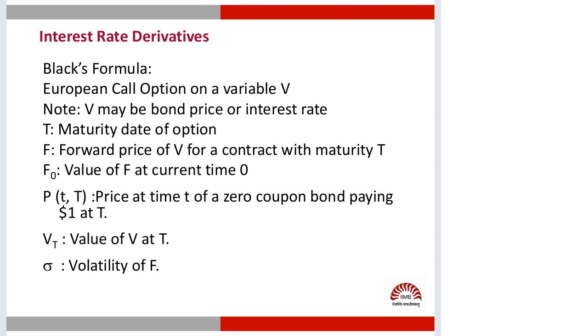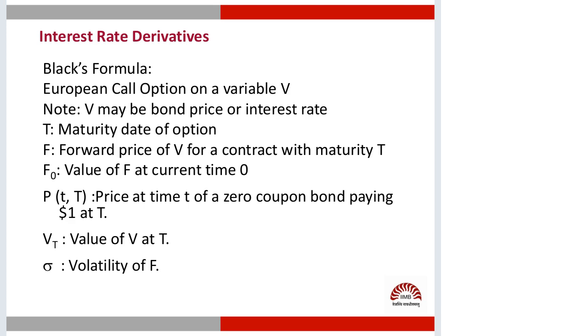F is the forward price of the contract with maturity T, and the current value of the contract is F naught. I'll explain PTT in a minute. The value of V at time t is Vt, and sigma is the volatility of F.